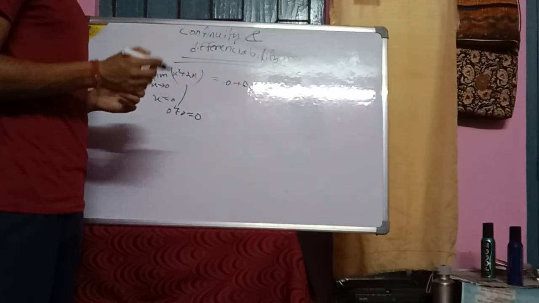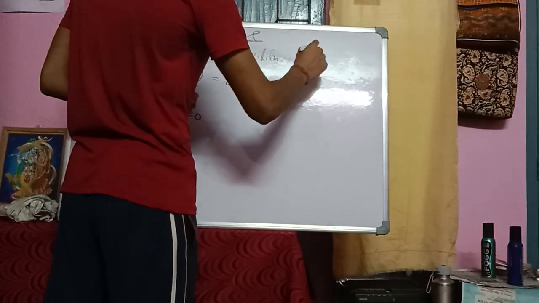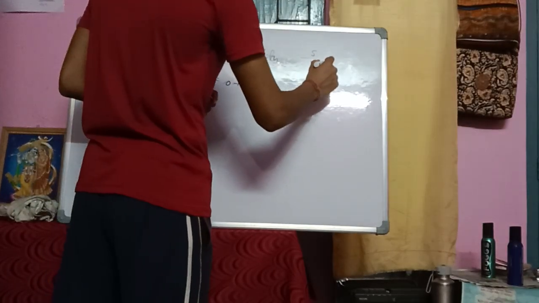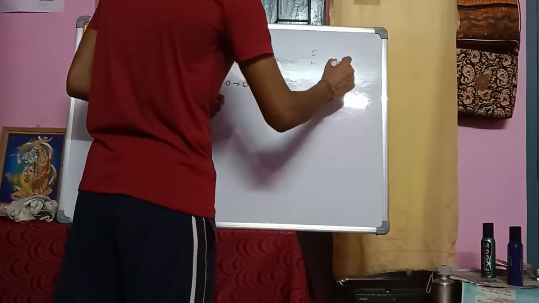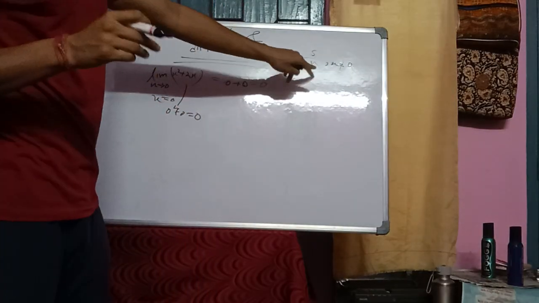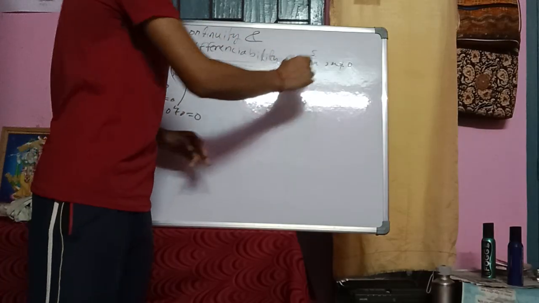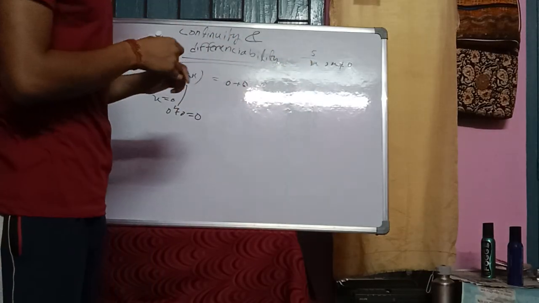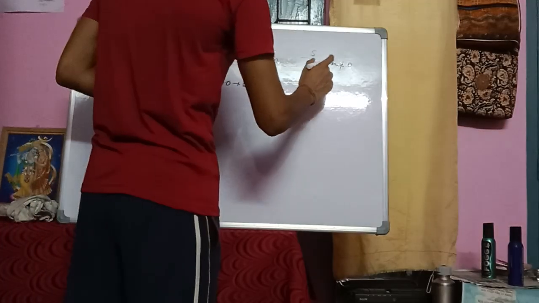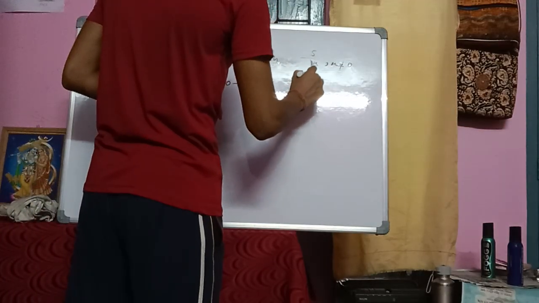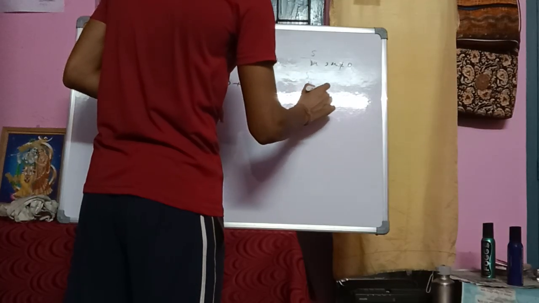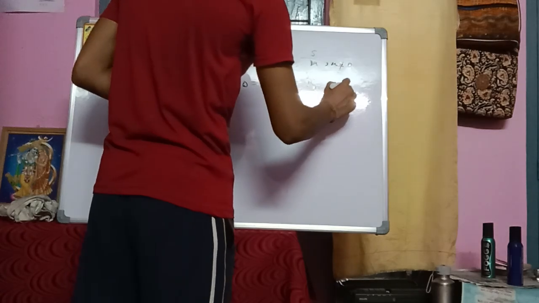But there are a few functions, let's say you have 5 over x. Now, if x becomes 0, then this would be undefined. 5 over 0 is infinity, that is undefined. So this function 5 over x at x equals 0 is undefined.